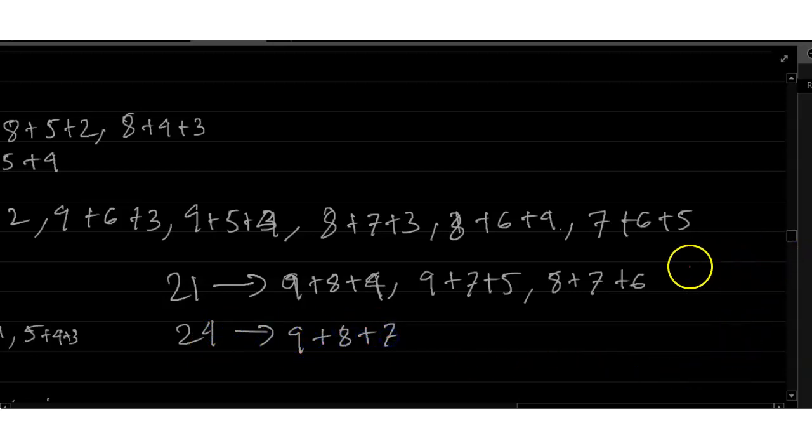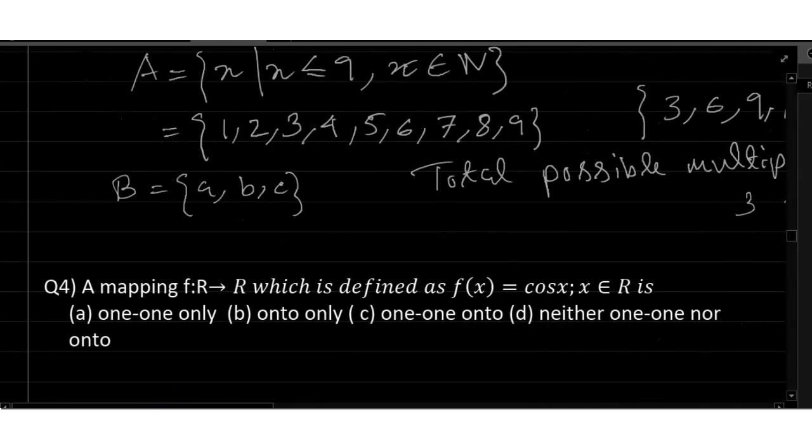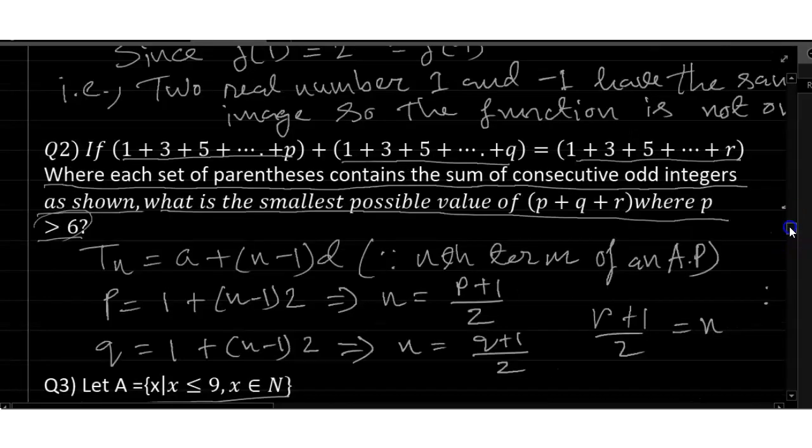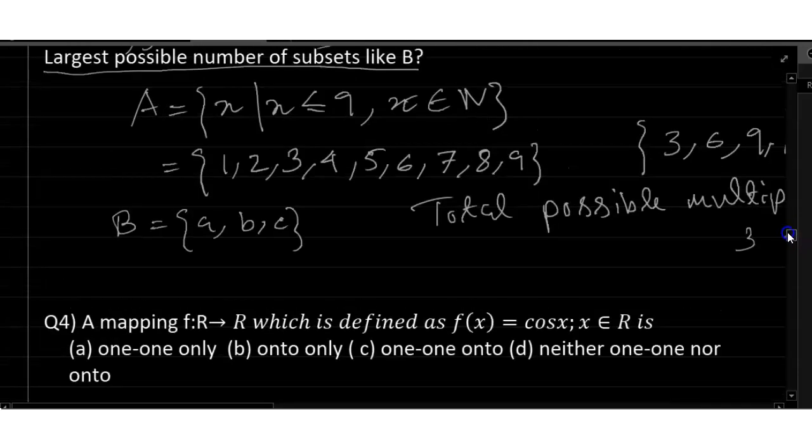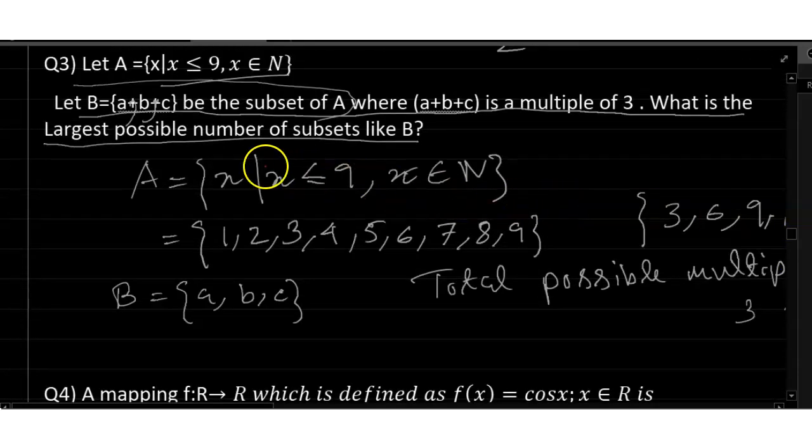So friends, we get such subsets according to the questions. Largest possible subset is equal to 30.